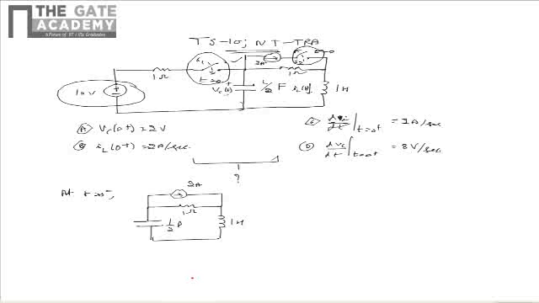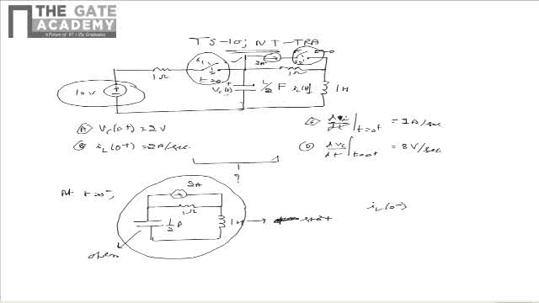From this we can see that as the circuit is in the state shown from t equal to minus infinity to 0, the inductor acts as short, and the capacitor acts as open. From this we can say that IL of 0 minus is equal to 0 ampere.